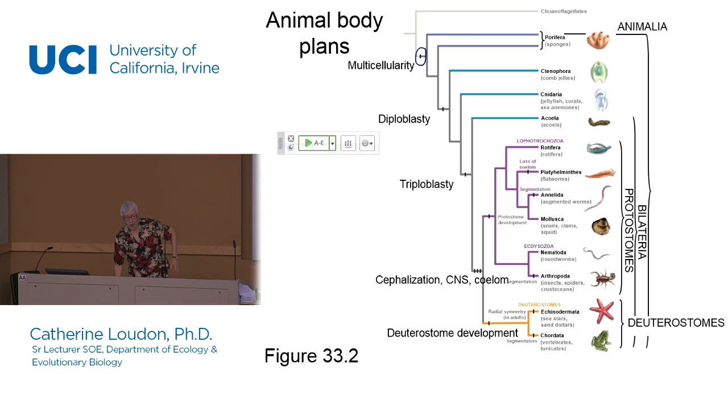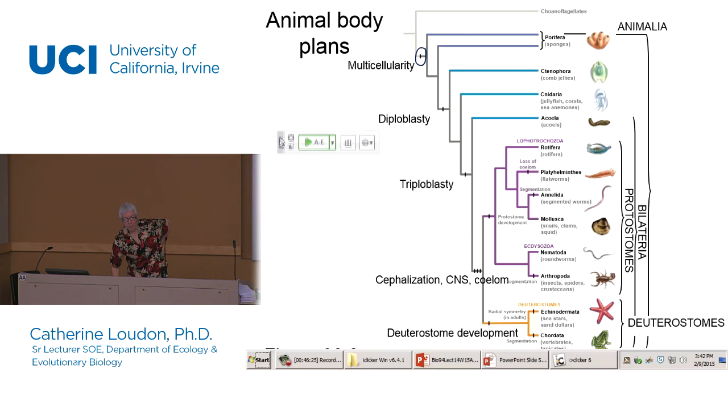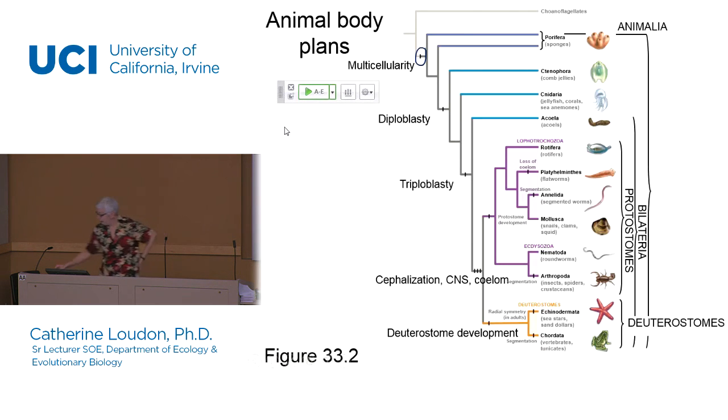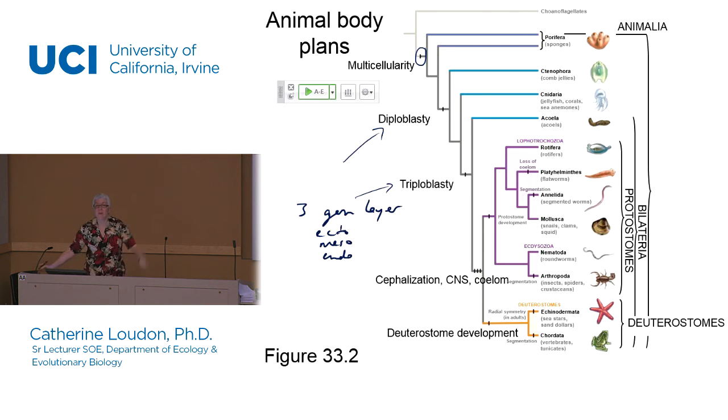And I want to just point out a couple of different things here. These terms here, diploblasty and triploblasty, refer to how many germ layers there are. Triploblasty means that there are 3 germ layers, so these are the familiar ecto, meso, and endoderm, the 3 different germ layers that we have just been talking about.